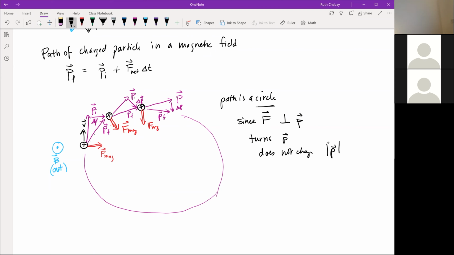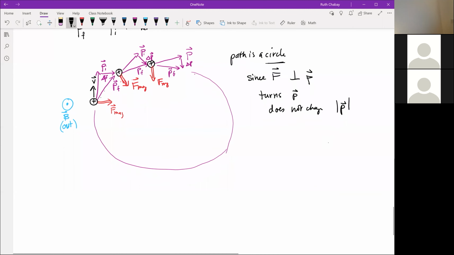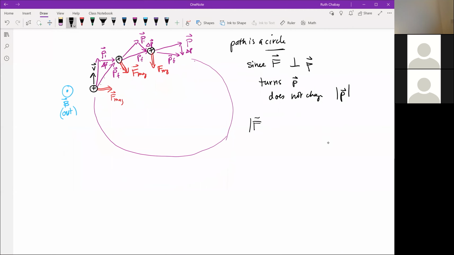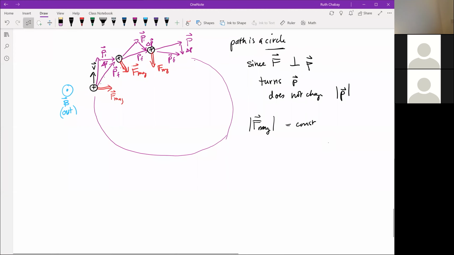So the magnitude of the magnetic force is constant, so we get motion in a circle.